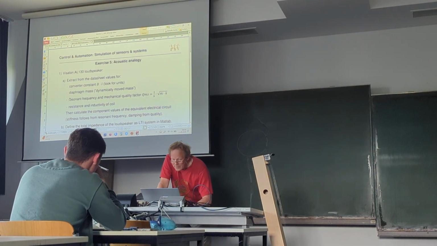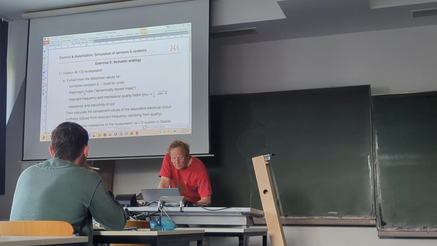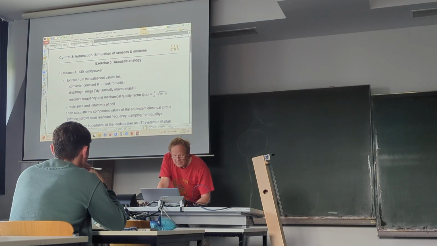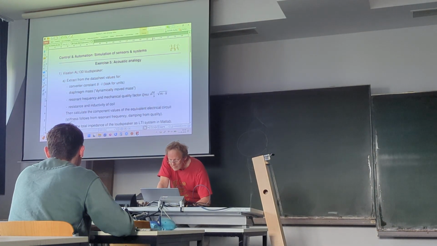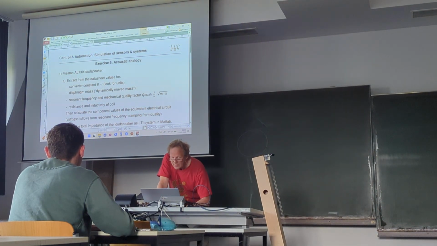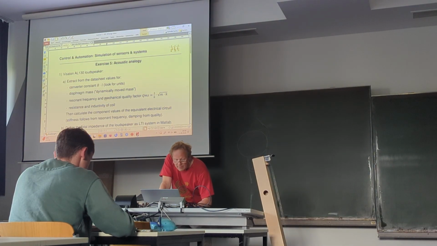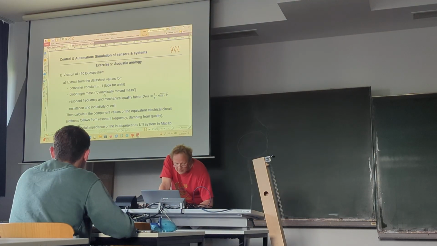And in the quality factor, we do find damping. So the mass we get directly. Elasticity we can determine from the resonant frequency. And last, we can determine the damping from this quality factor. These are then the three mechanical properties of the loudspeaker.